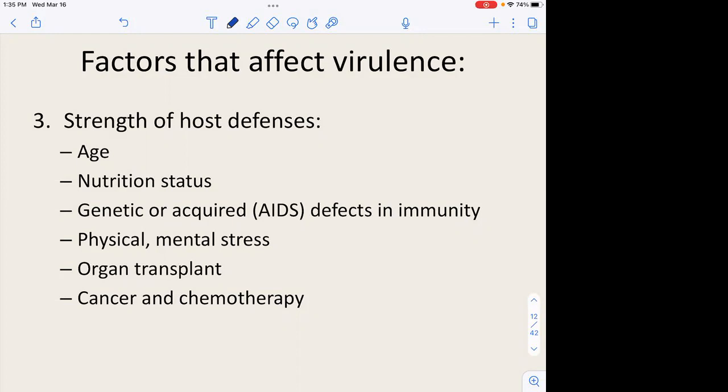Are they taking any other kinds of drugs? All those things will affect it. In addition, as we'll see as we get into studying our immune system, there are inherent differences in our immunity. One person can present certain kinds of antigen to our immune system that might make them more or less likely to get ill. So there are genetic differences, even among healthy individuals.